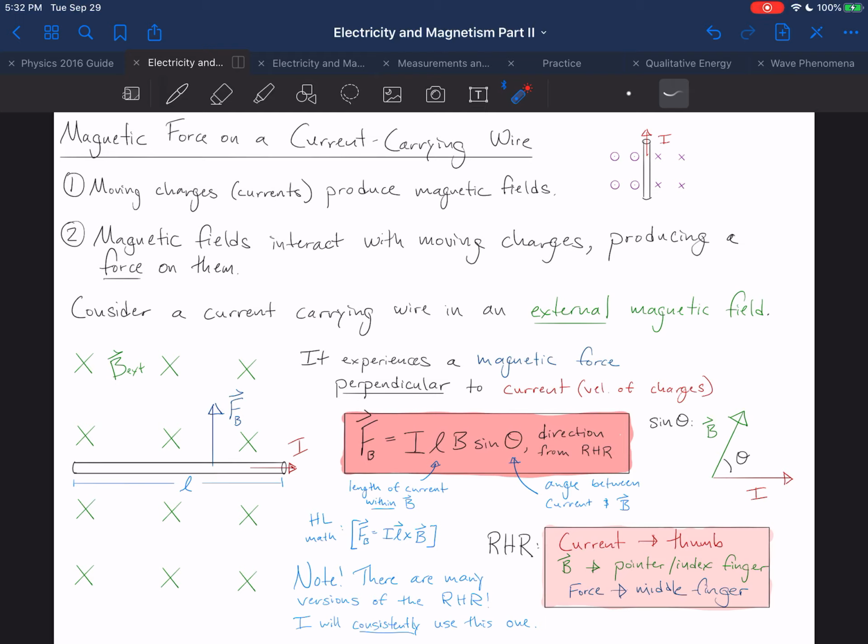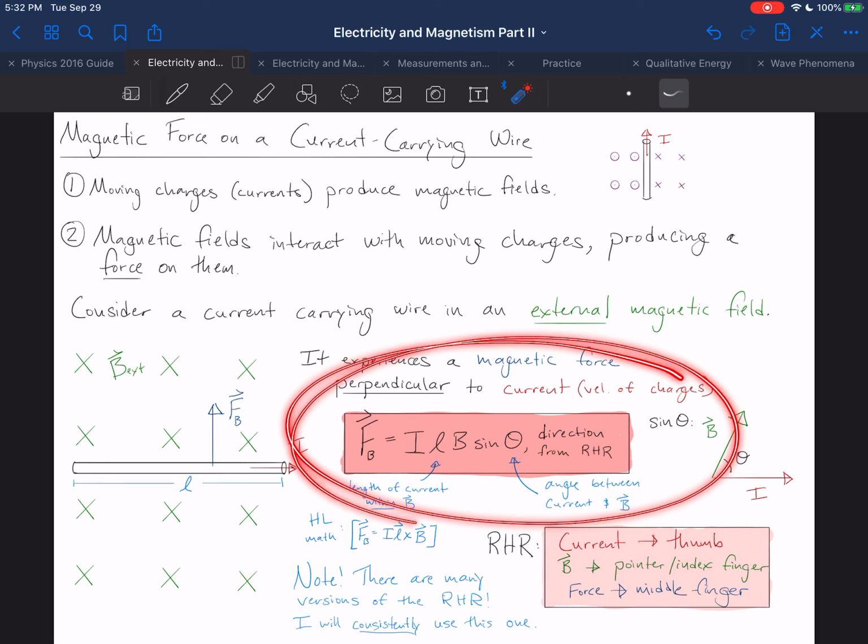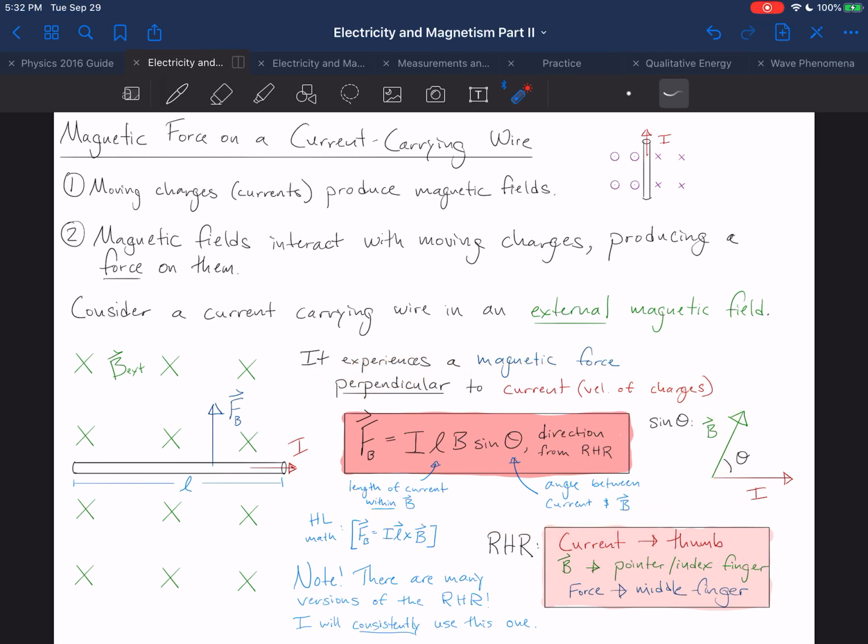And the size of that magnetic force is given by this particular force law. This is F_B equals I L B sine theta. This is the magnetic force on a current carrying wire. And we'll unpack this a little bit term by term. So that first ingredient here is that the magnetic force on that wire is proportional to the current.